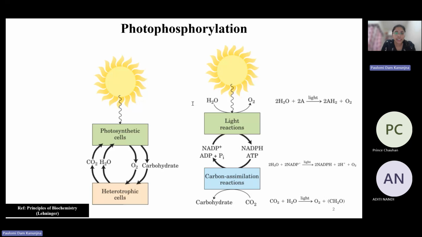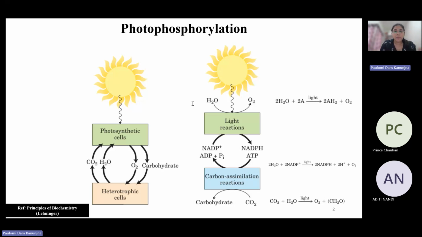In this process there is a capture of solar energy by the photosynthetic organisms, and that is converted into the chemical energy of reduced organic compounds. And these reduced organic compounds are the ultimate source of nearly all biological energy that we see in these organisms.